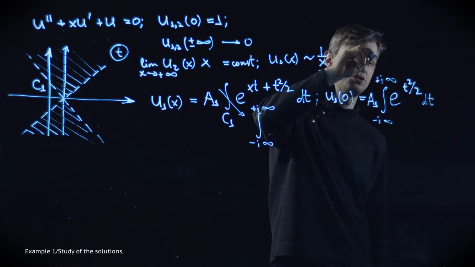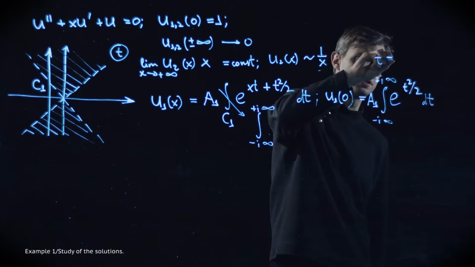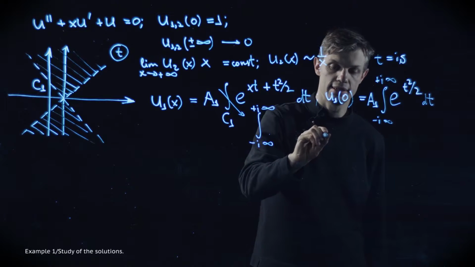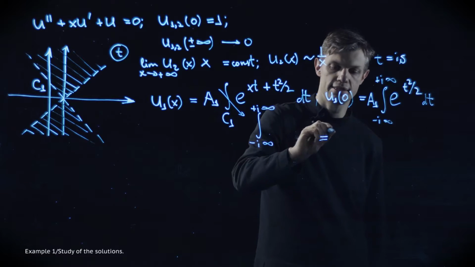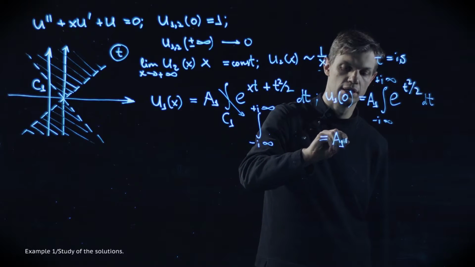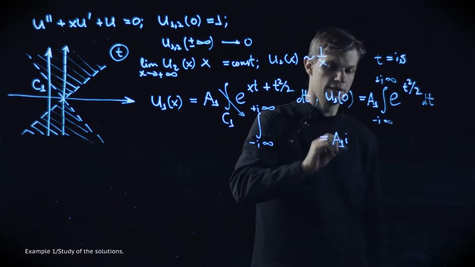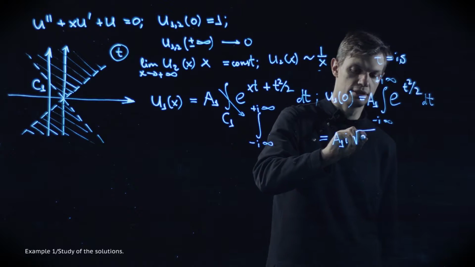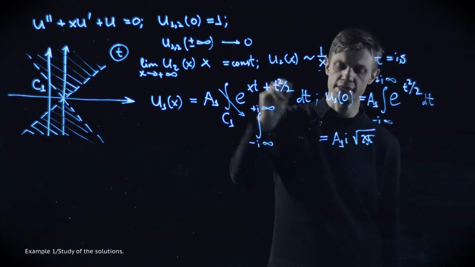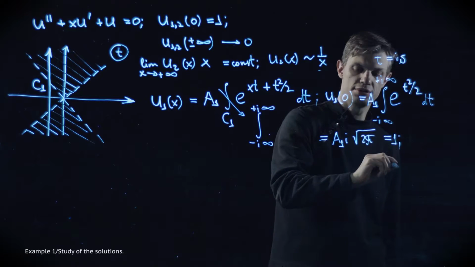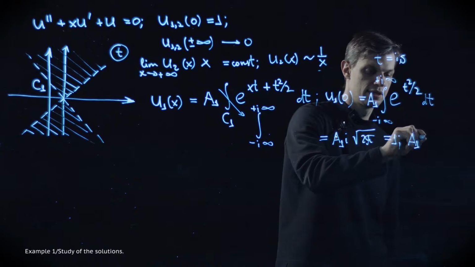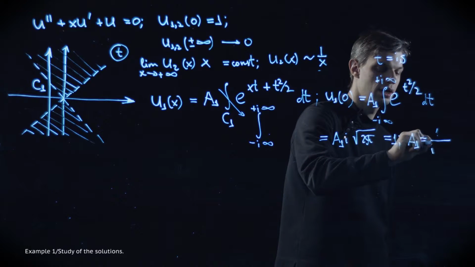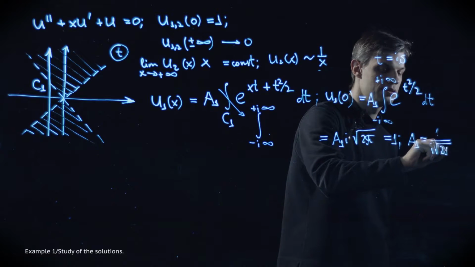It can be taken by a trivial change t equals i s. And the answer is, so dt is i ds, so a1 times i times the square root of 2 pi is equal to 1. So the constant is fixed. a1 is 1 over i square root of 2 pi.